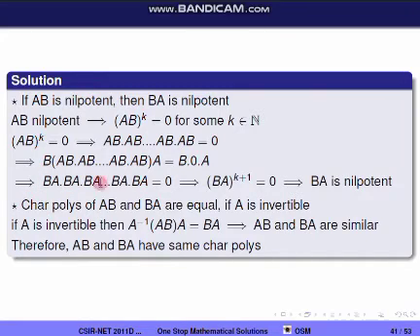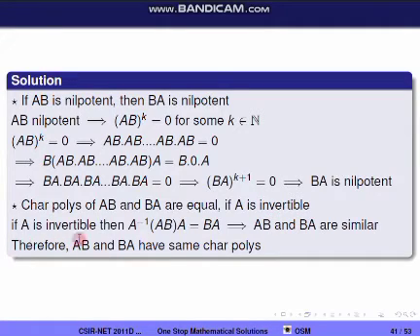So we'll get BA into etc. up to BA is equal to 0, that is, this is occurring k plus 1 times. So (BA) power k plus 1 equal to 0. Therefore, this equation implies BA is nilpotent. So option 3 is also correct. Now we'll check the fourth one. Characteristic polynomials of AB and BA are equal if A is invertible. We'll check the statement.